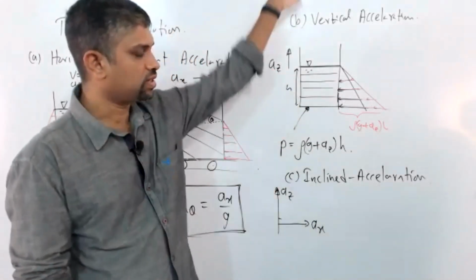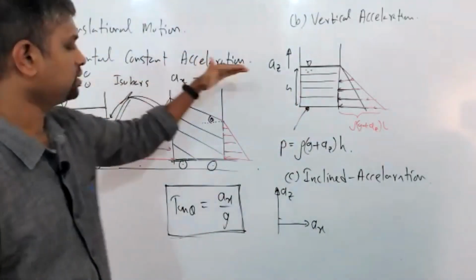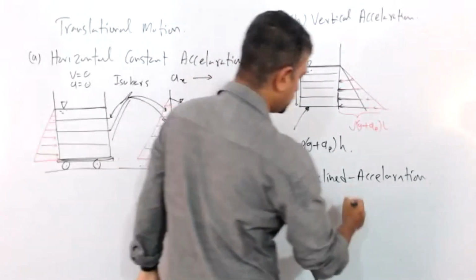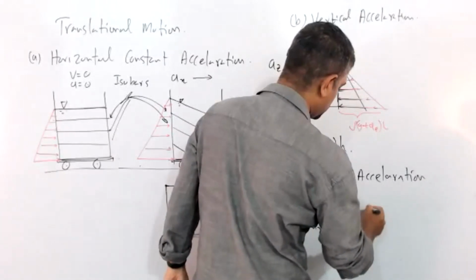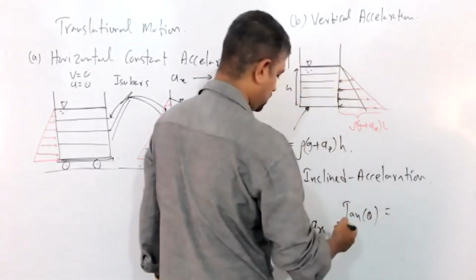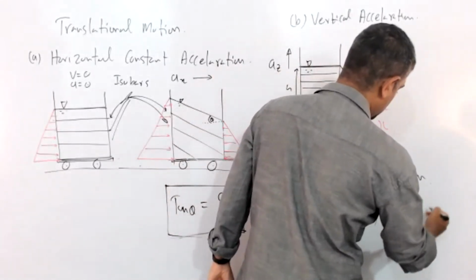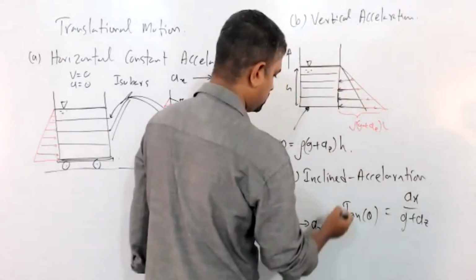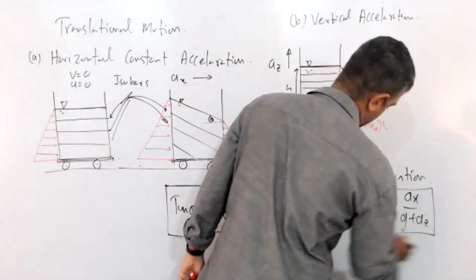The direction of the resultant horizontal acceleration is X now. When we have both, tan theta is given by ax over (g plus az). This is the equation that you have to memorize.